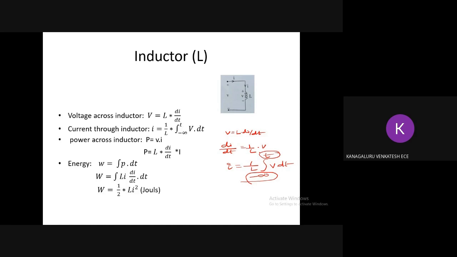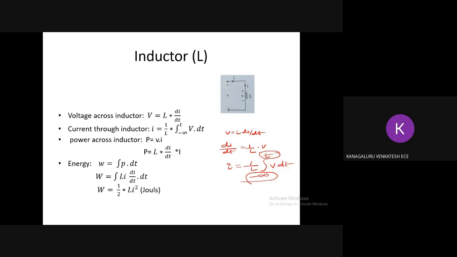The reason: we said earlier that the inductor has the property of storing energy. For example, a person X is doing some experiment with the inductor. Then X finishes the experiment in the lab, and the next batch comes. Then person Y is going to use the same inductor in the circuit and do the experiment.